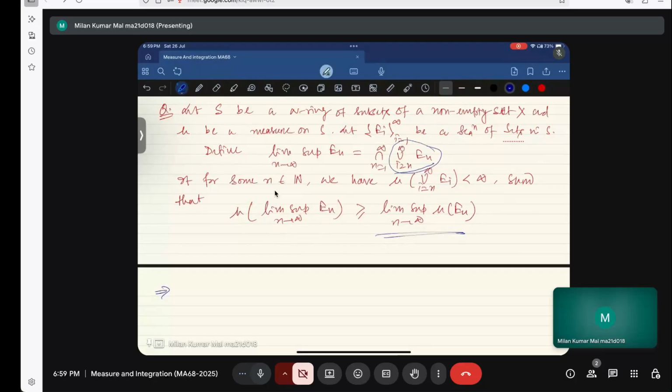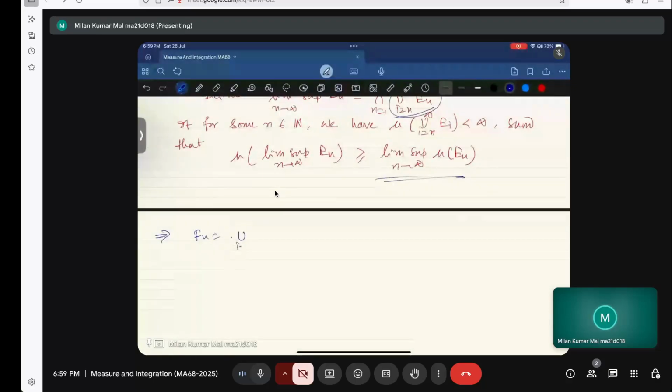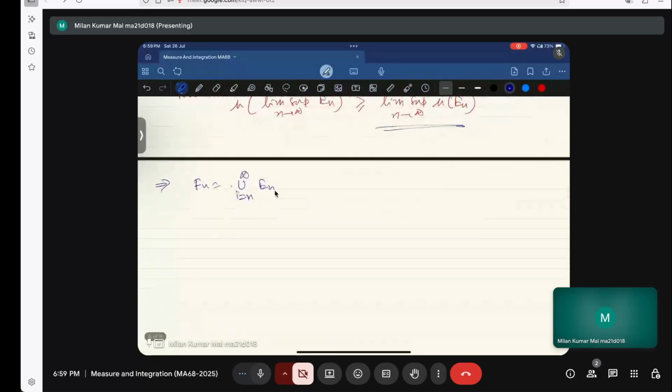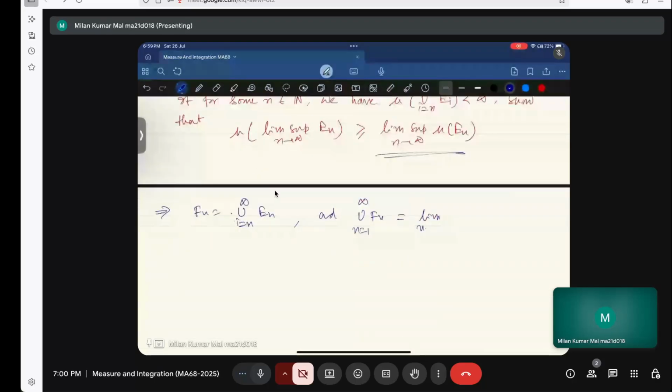So let's take Fn equals the union of Ei for i equals n to infinity, and the union of Fn, n equals 1 to infinity, is equal to what we call the limit as n tends to infinity, supremum of En.